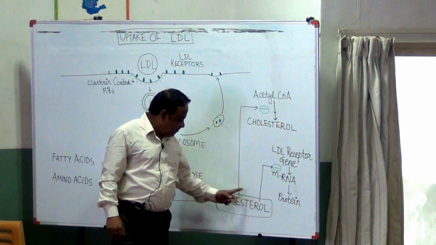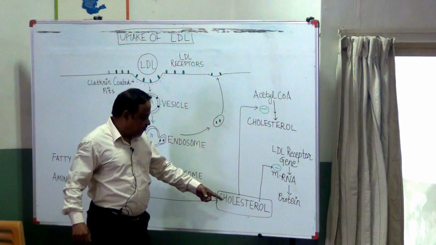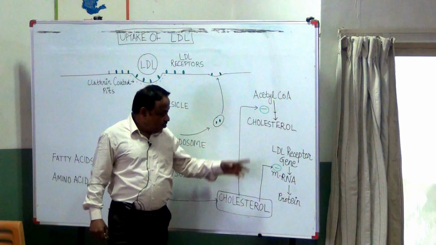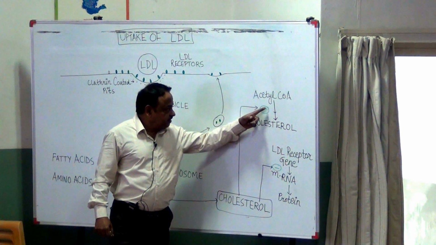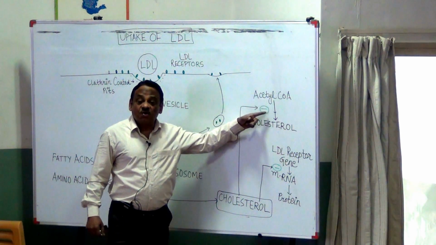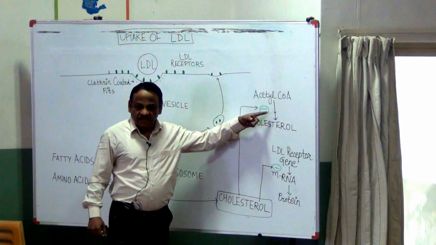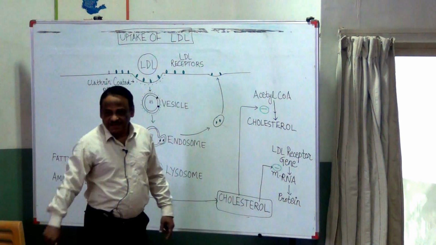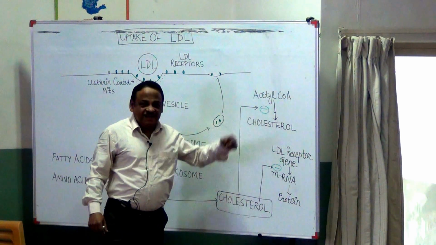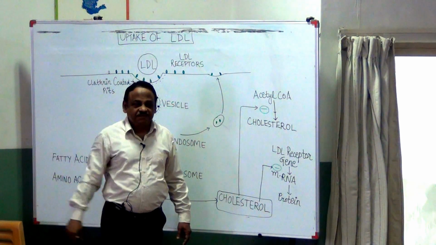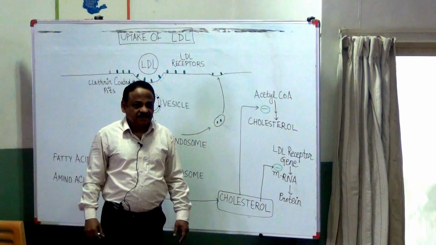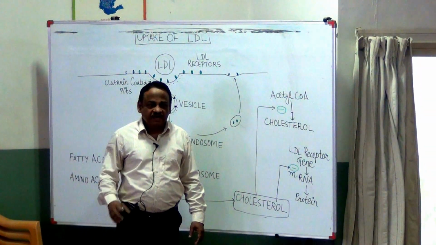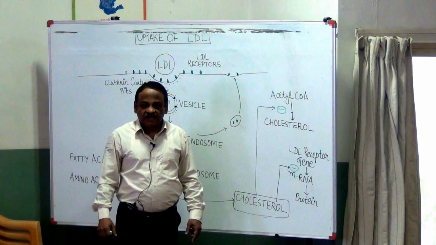But if sufficient cholesterol is already present, there is no need of further synthesis. So cholesterol presence inhibits the HMG-CoA reductase enzyme. In ketogenesis also you have heard about HMG-CoA, where it is acted upon by HMG-CoA lyase.